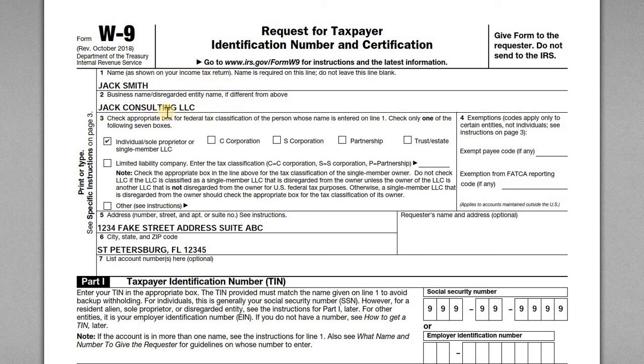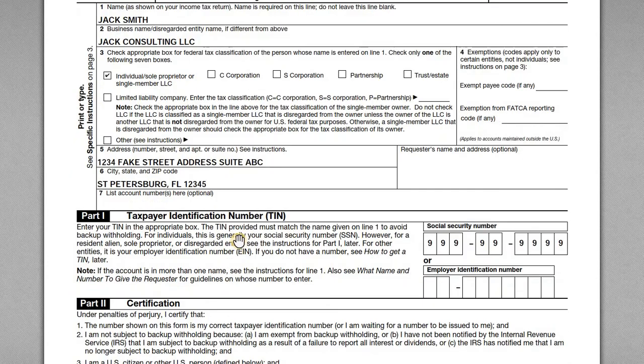He could put the name of his business, right? This is the disregarded entity, Jack's Consulting LLC. And then in box 3, he checks individual, sole proprietor, or single member LLC, right? This is a single member LLC that's a disregarded entity, okay? Now, he enters the address down here, and then in part 1 for the taxpayer ID number, he would use his social security number, okay?